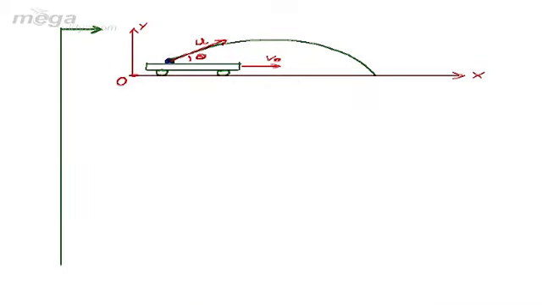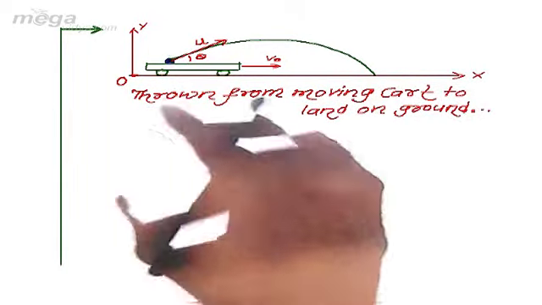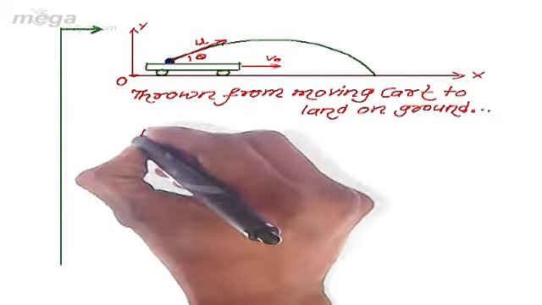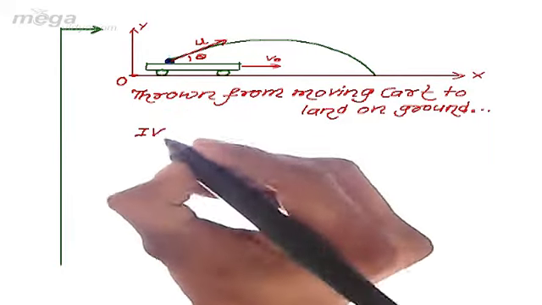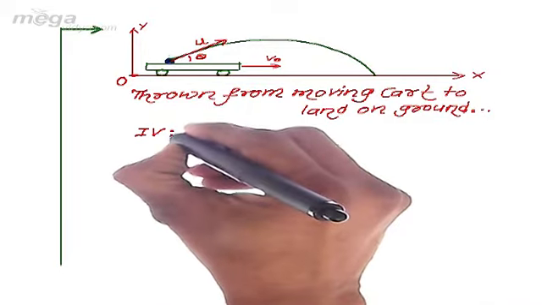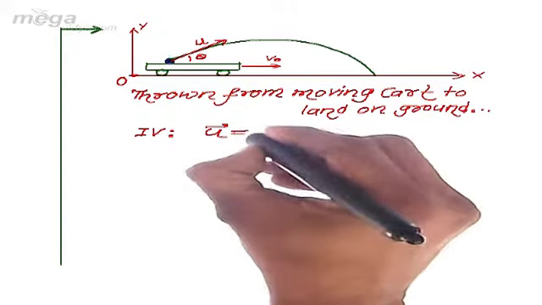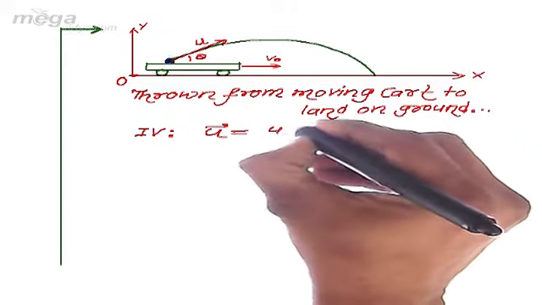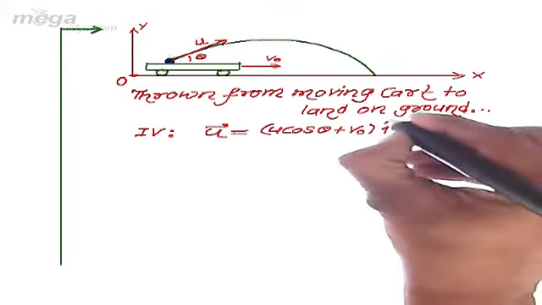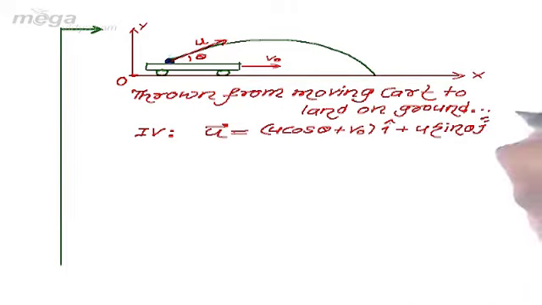Now, if we analyze this motion with respect to this fixed reference frame, we can easily find that the initial velocity of the projectile with respect to ground can be written as vector u equal to (u cos theta plus v naught) i cap plus u sin theta j cap.